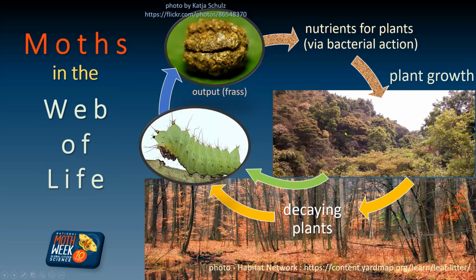You go further north, or perhaps further south, then things happen even slower. You may not have forests, it might just be very, very short, low growth tundra, for example. And that doesn't provide enough sustenance, enough food for the caterpillars to go through their cycle in 1 year or less. It may take many years.